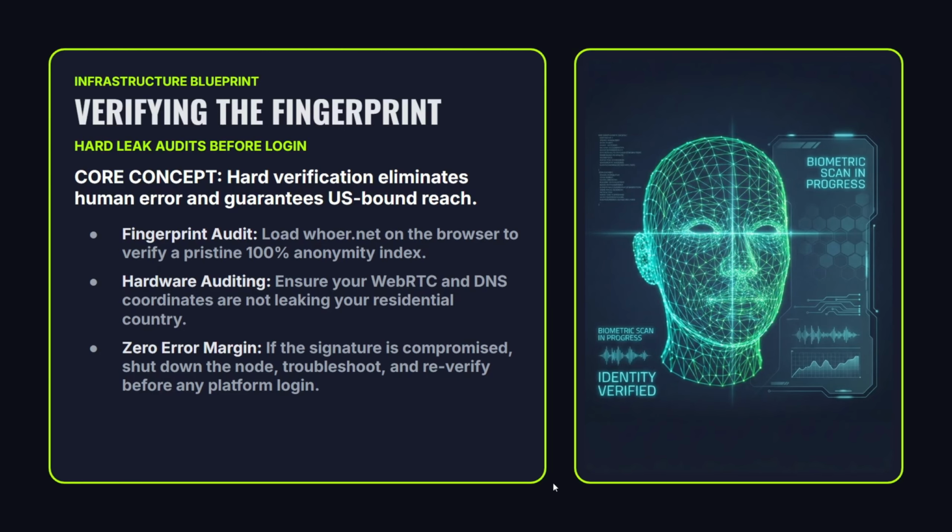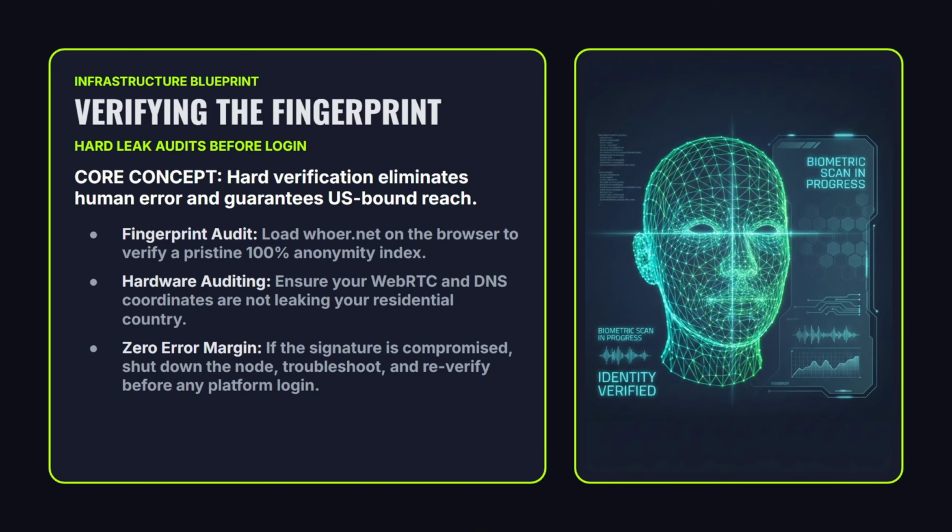Never log into a platform without verifying your digital footprint first. This is your quality assurance step. Before opening any social app, open the default browser on your hardened node and navigate to whoer.net. You're looking for a pristine 100% anonymity index score.